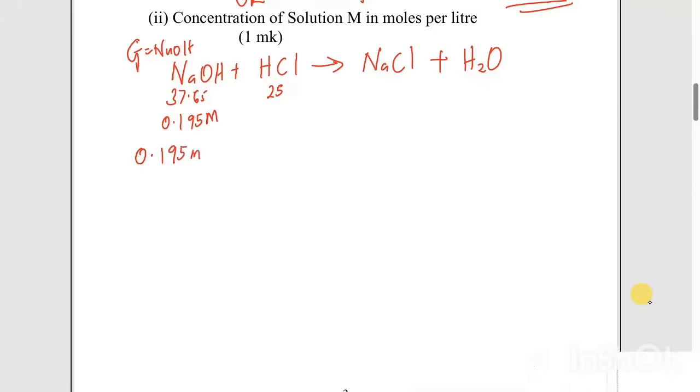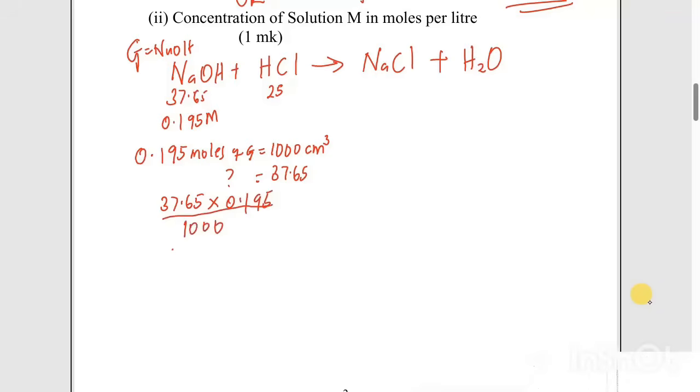So we say 0.195 is the number of moles of solution G in 1,000 centimeters cube. So what about 37.65? It will contain how many moles? 37.65 times 0.195 divided by 1,000. So this gives you the number of moles of sodium hydroxide used.